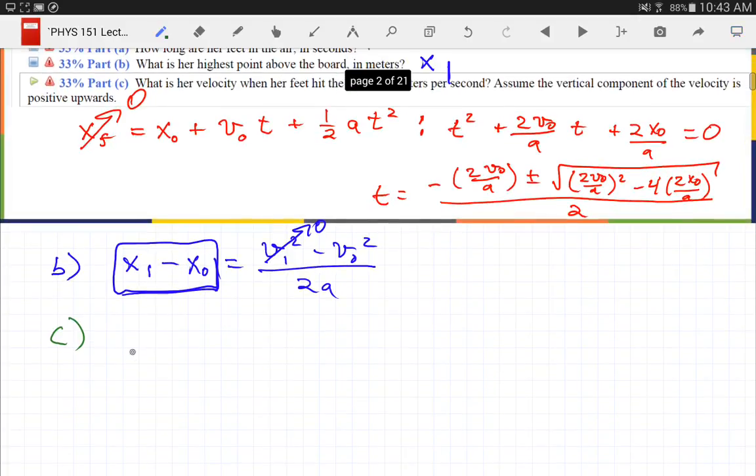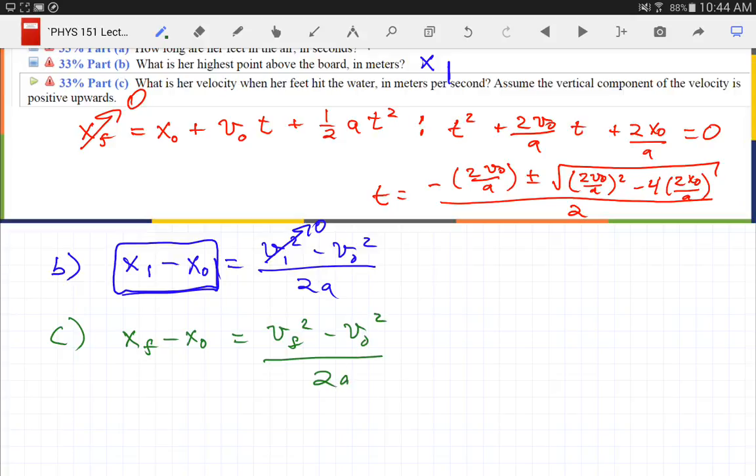So the way I would do this would be x final minus x initial is equal to v final squared minus v initial squared, all over 2a. Now I want to solve for the v final, and so I just rearrange this.